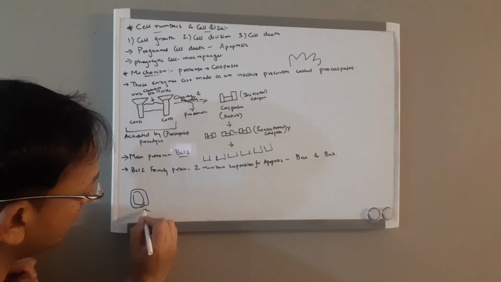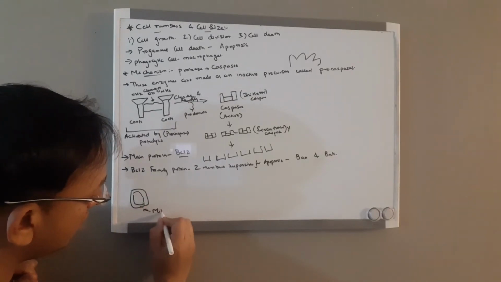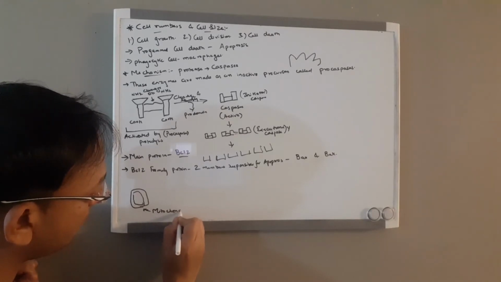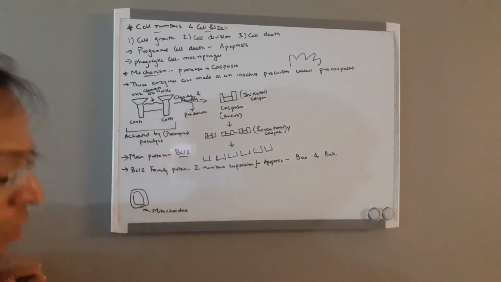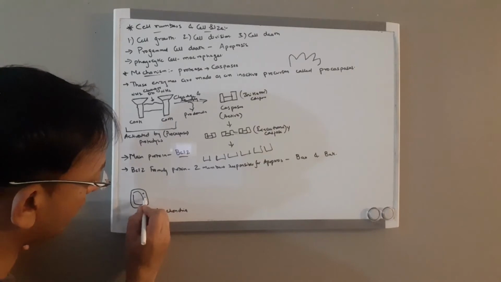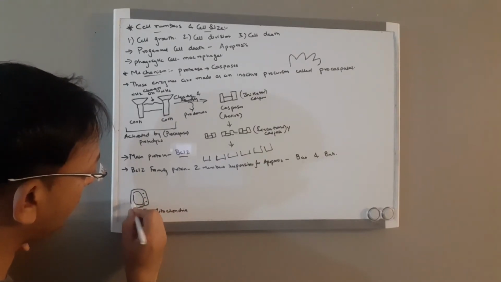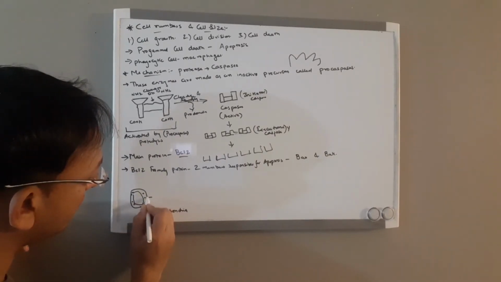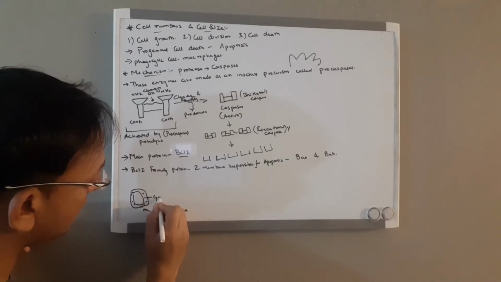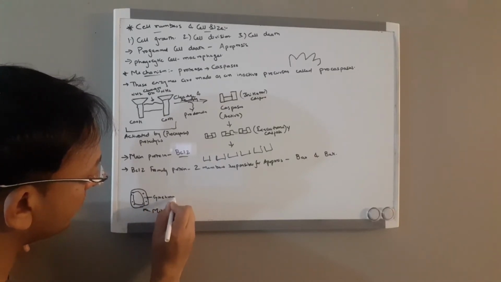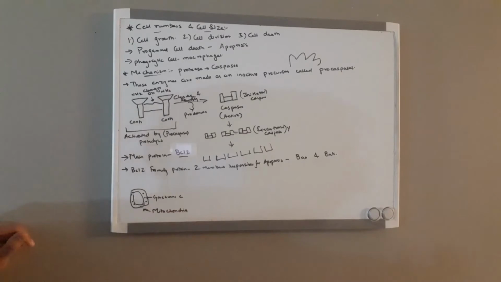I will write it down here. Mitochondria. It will have cytochrome C, an electron transport protein.